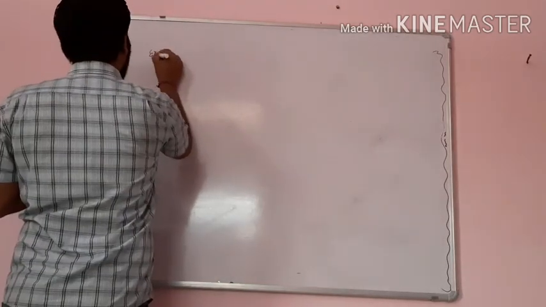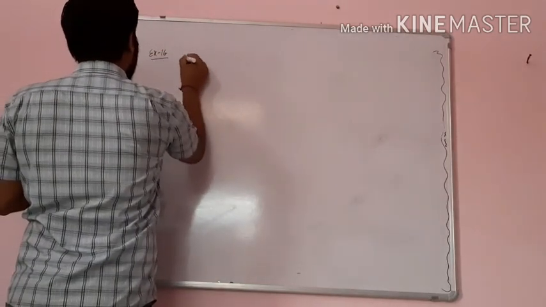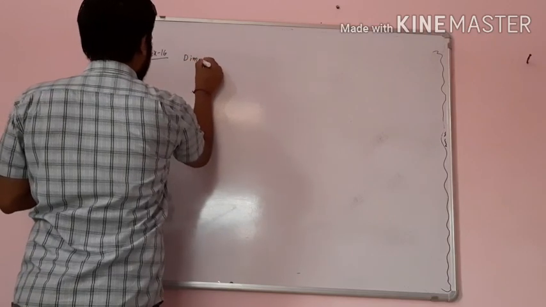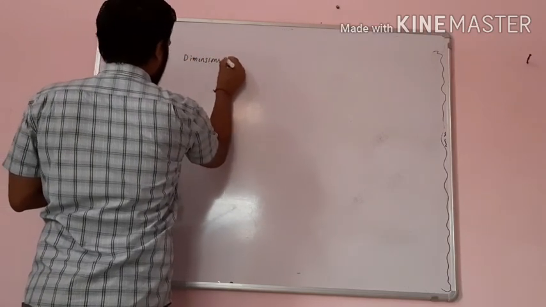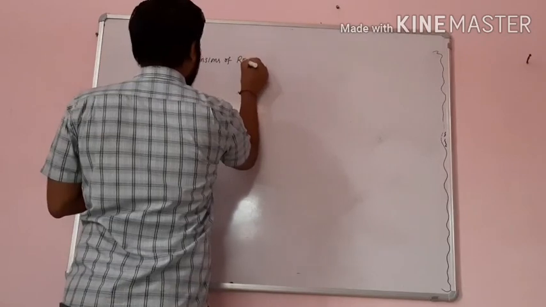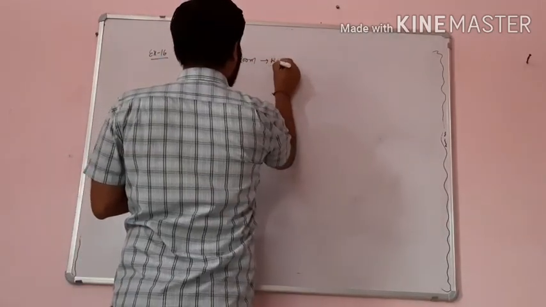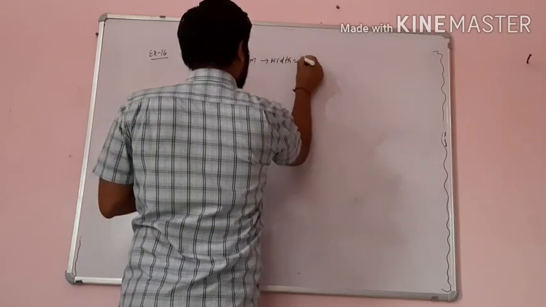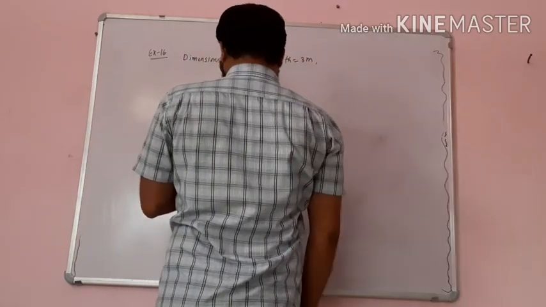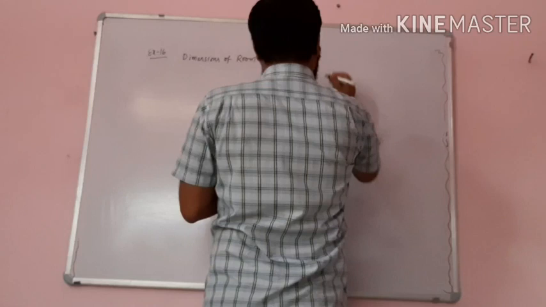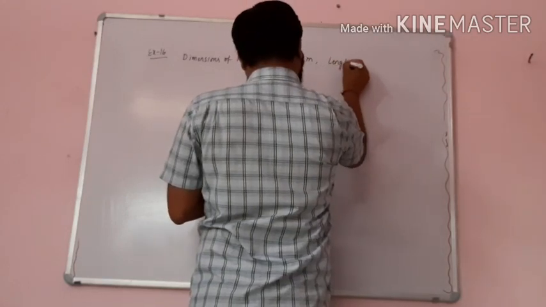In example number 16, dimensions of the room are width 3 meter, length 4 meter long.